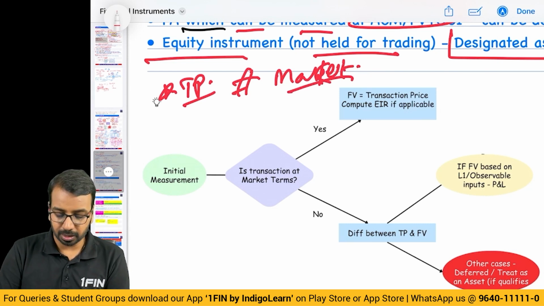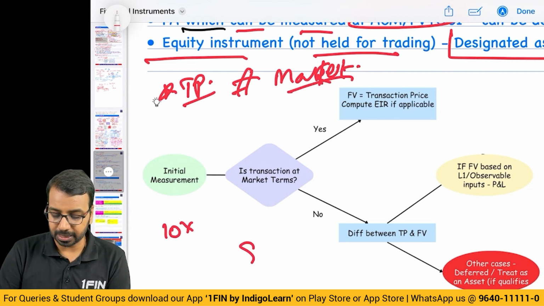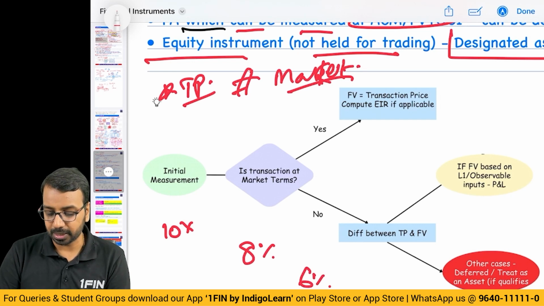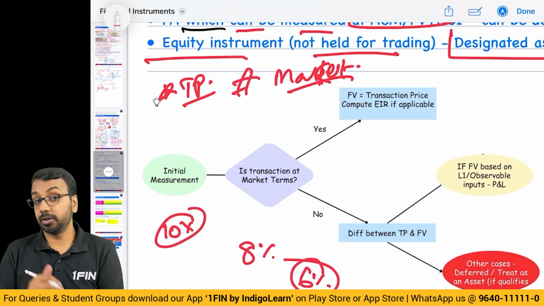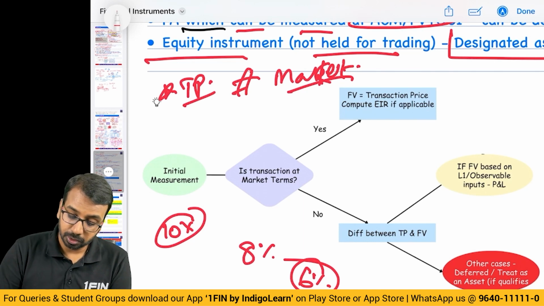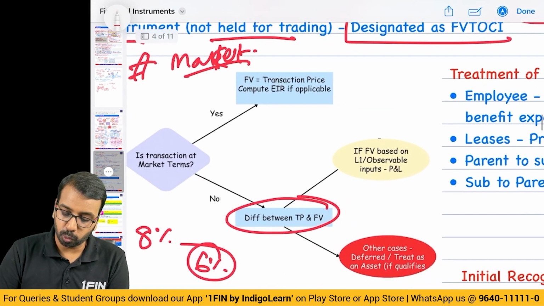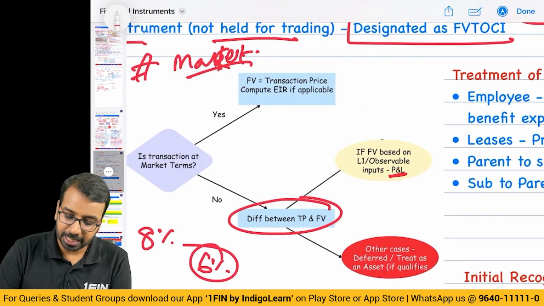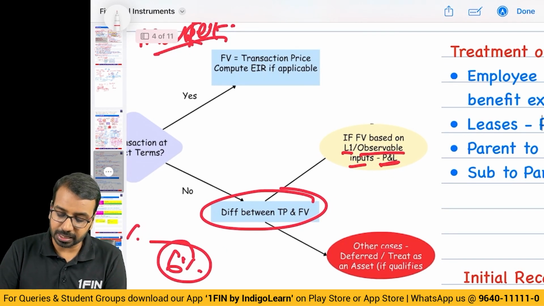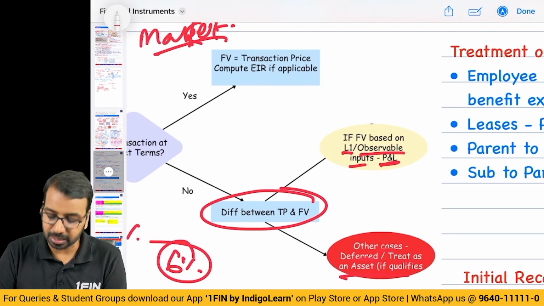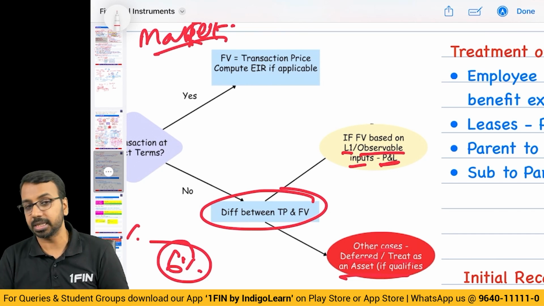Say for example, the rate in the market is 10% and I have given to my employees at 8% or at 6%. If it is not at market terms, then the difference between these two will be taken to P&L if it is based on L1 or observable inputs. In other cases, it will be deferred and treated as an asset if it qualifies as an asset.